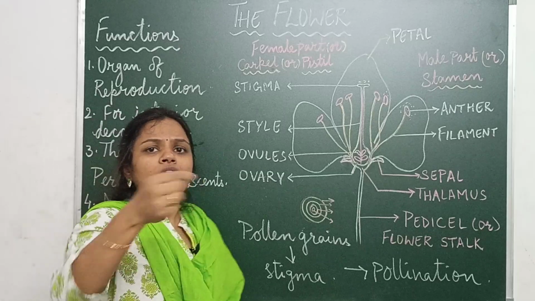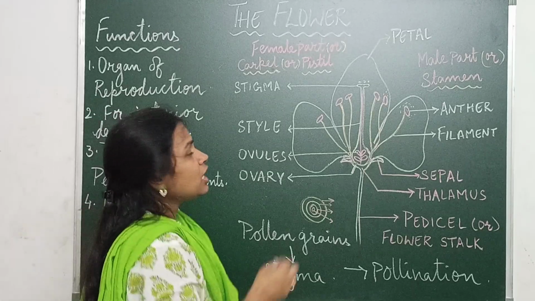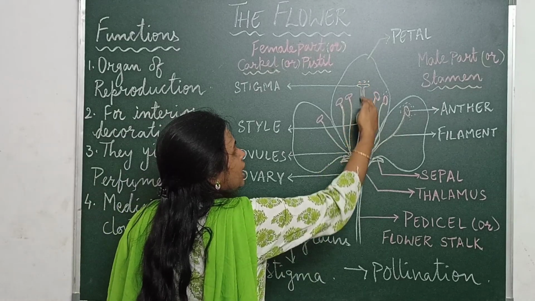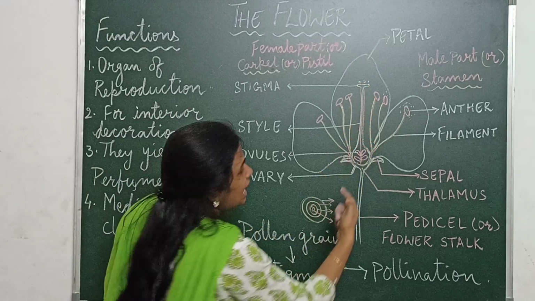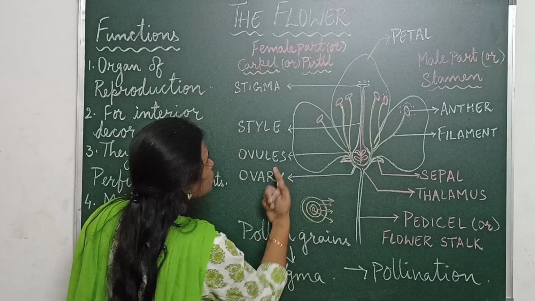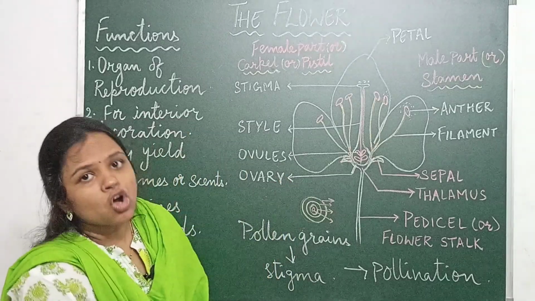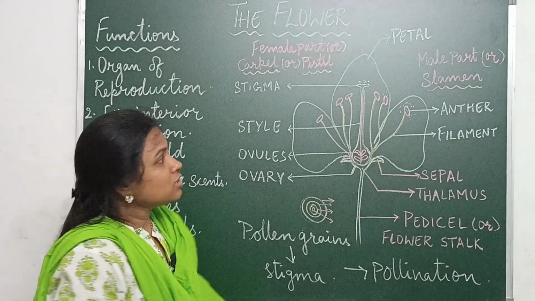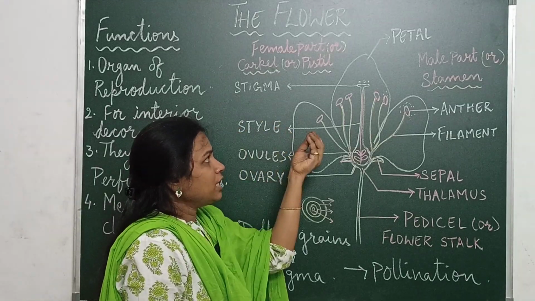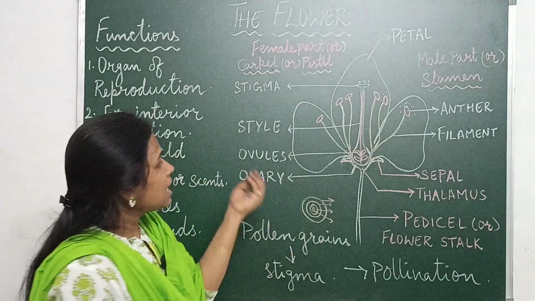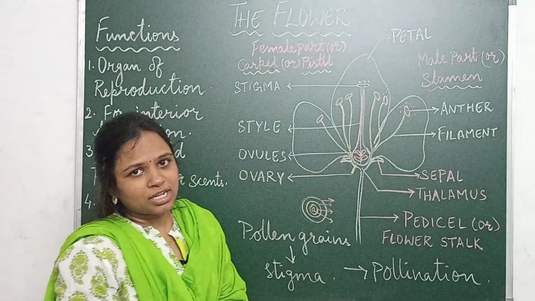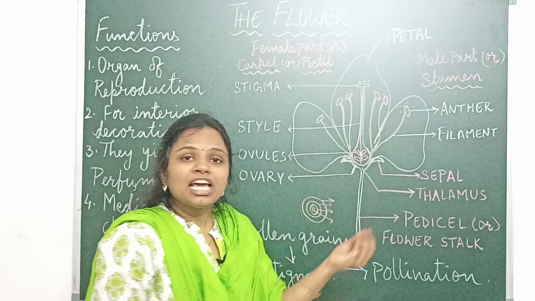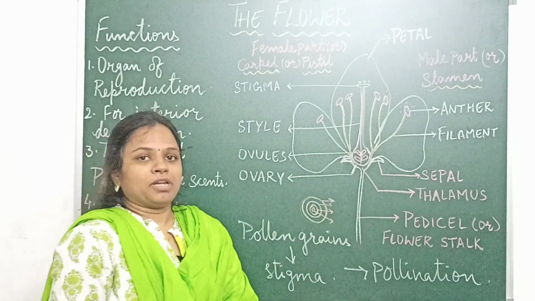A small outgrowth appears and a pollen tube is formed, through which it enters the style and reaches the ovules which are present in the ovary. The ovules contain the egg. The pollen grain contains the male gamete and the egg is present over here. They both fuse and ultimately the fertilization process takes place.